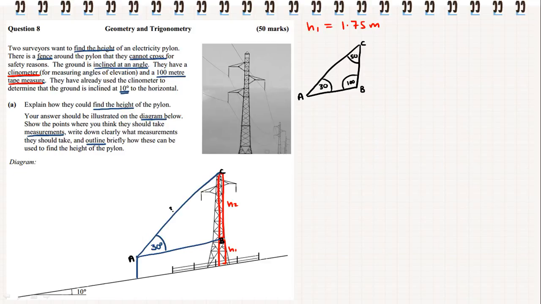The next thing we're going to do is go back to the diagram. We're now going to get our surveyor to move further down the hill and measure another angle of elevation. So we have a point D. This angle of elevation, because it's further away, is going to be a bit less. Let's say it's 20 degrees. And now we have another triangle, so let's draw a sketch of this triangle.